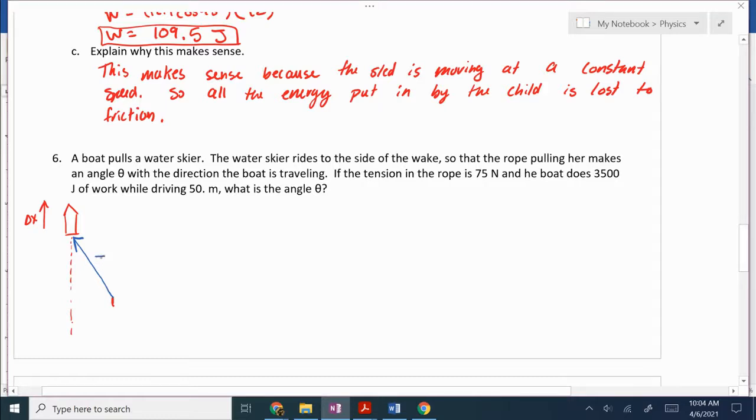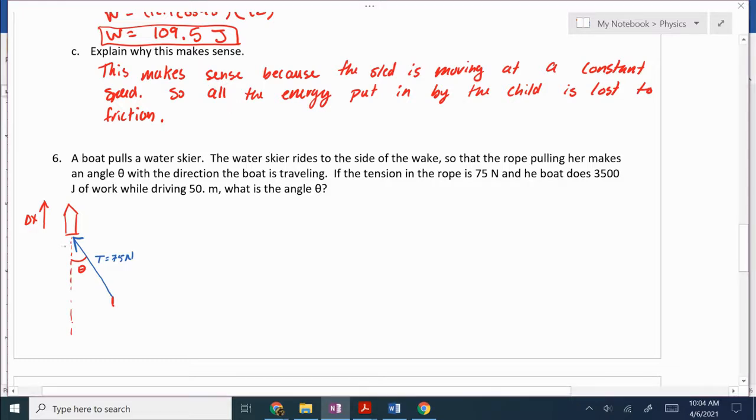That's 75 newtons. The angle theta is this angle right here relative to the direction the boat is going. That's kind of the drawing. As I drew it, the skier is over to the right, the boat is going straight up, and the rope is going to make that angle right there.